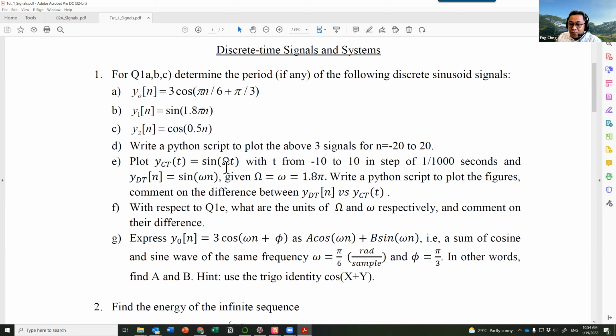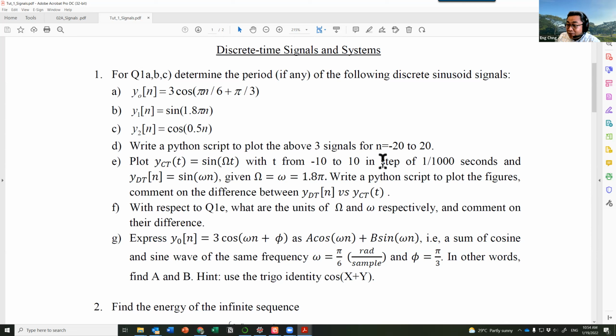However, when you try to plot continuous time, it will never make sense. How can you write a program to plot from time -10 to 10? Then you say, why not? The reason is that for continuous time, t can be 0.0001, 0.00001, however many decimal points you want. It is impossible to write and plot a function like that in a program.